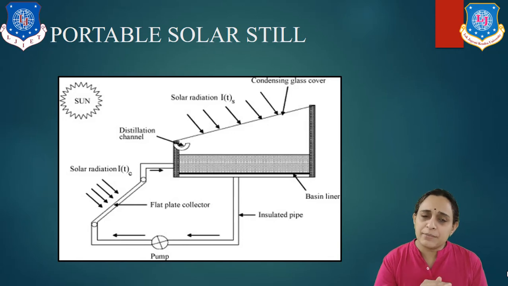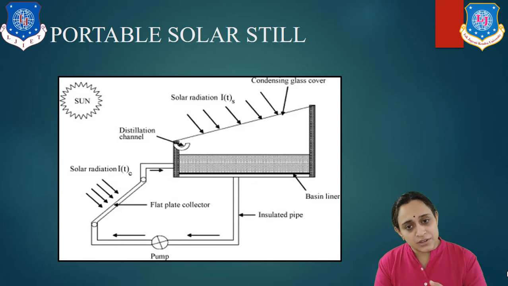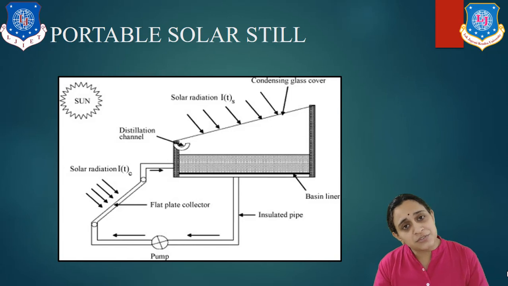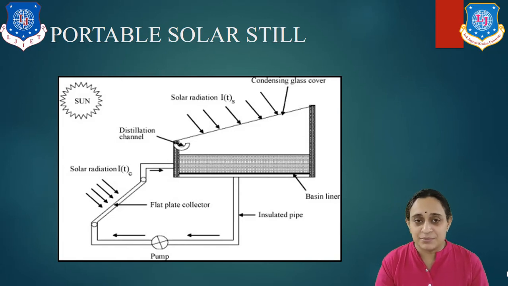We can use ABS plastic instead of the glass cover because it gives nearly the same properties. There is a channel below the glass cover and around the periphery. The glass cover is about 4 to 10 mm thick, and the bottom surface is painted black. So they are nearly the same kind of construction.